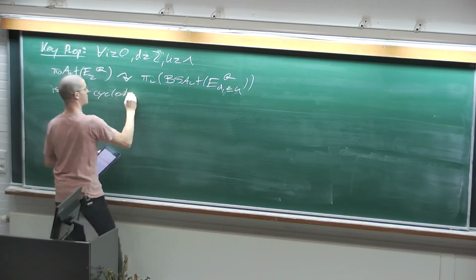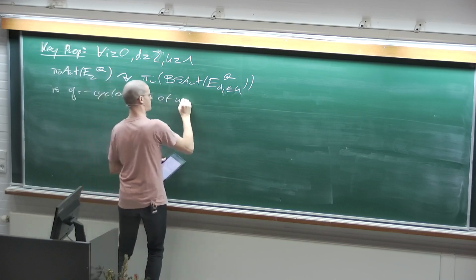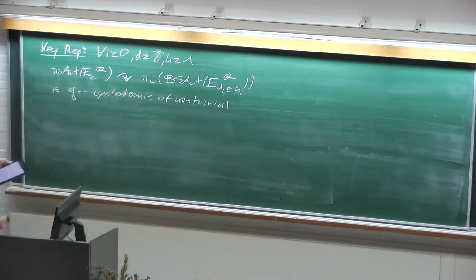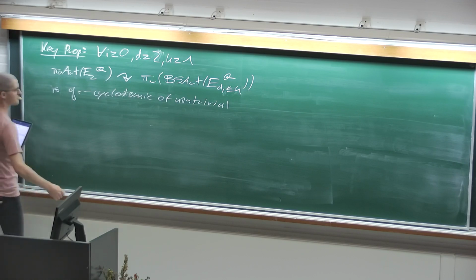I'm going to explain that in a minute. And I've been told that this is very close to something that people call the mixed Tate motive, but I don't know what it is, so I'll stick to a name that I can comprehend.